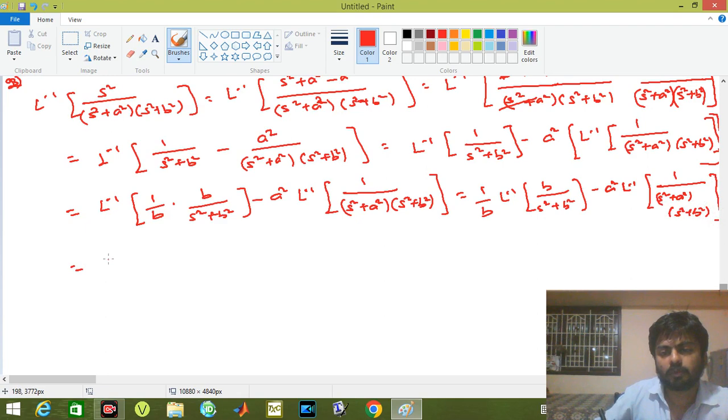That is equal to 1 by b L inverse of, see, this is sin bt, 1 by b sin bt minus a square into, I know the value of this from the first problem.